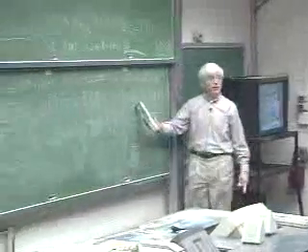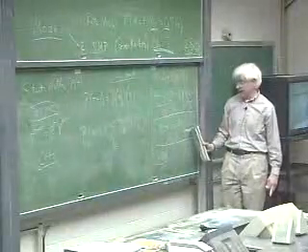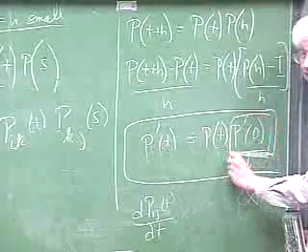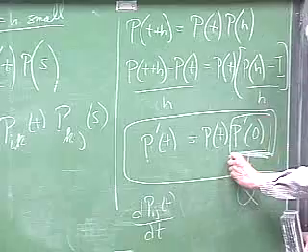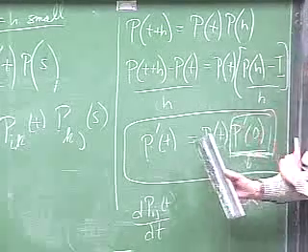So this is the derivative of p of t when I let h go to 0. This is the derivative of p of 0 when I let h go to 0. Here we are, and q is by definition this derivative at 0. And I could do it in either order.